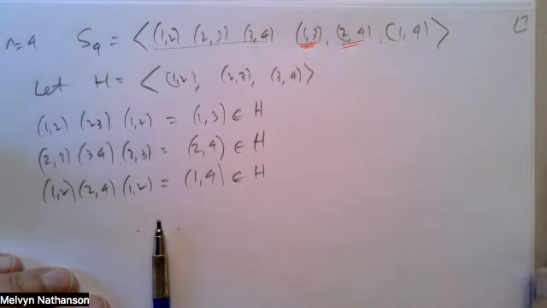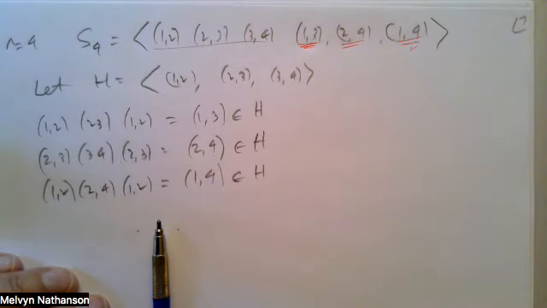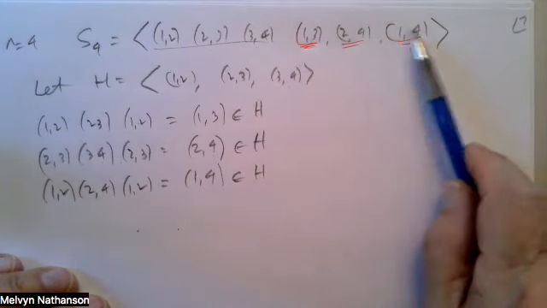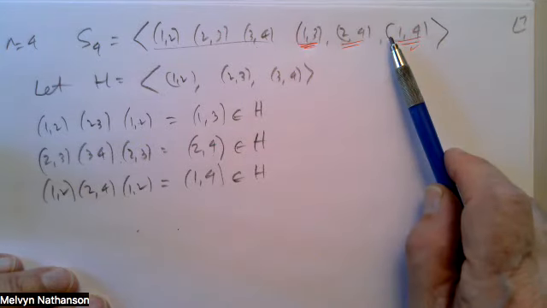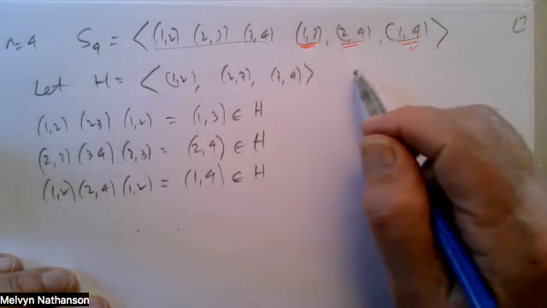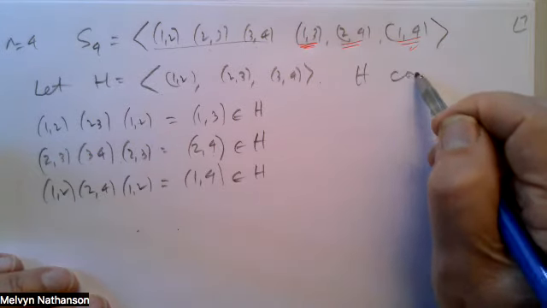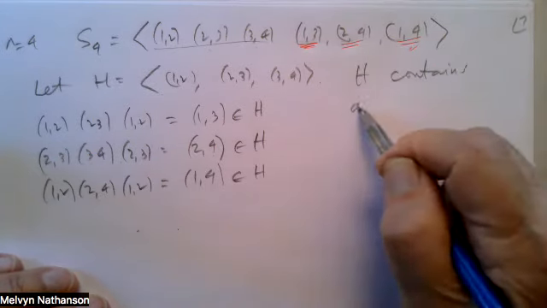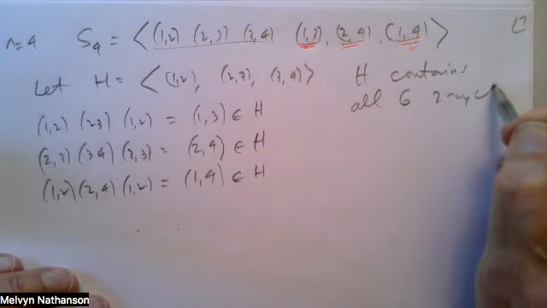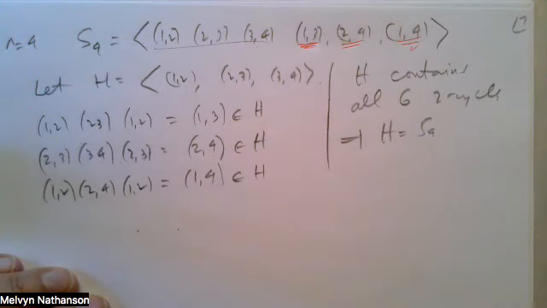That's in H. So all of these permutations, these 2-cycles or transpositions, are in H. So H contains all 6 2-cycles. Therefore, H is equal to S4.